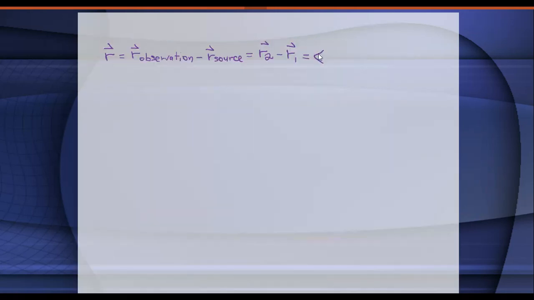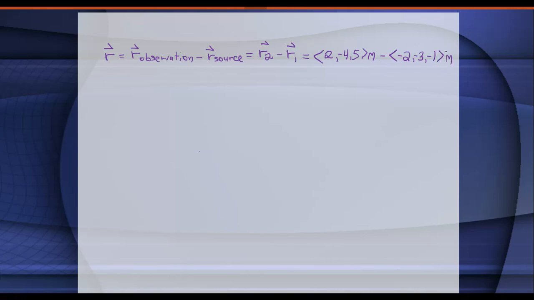R2 has coordinates of 2, -4, 5 meters, and I'm going to subtract R1, which has coordinates of -2, -3, -1 meters.